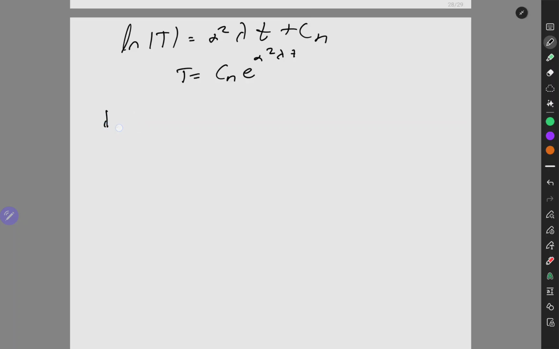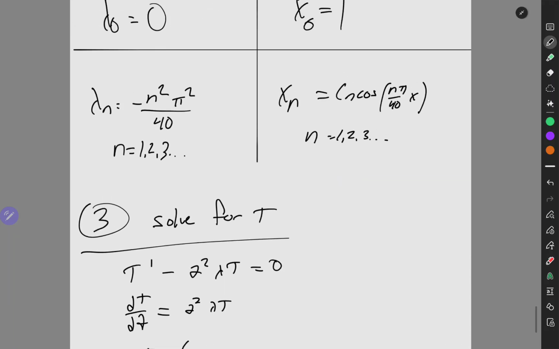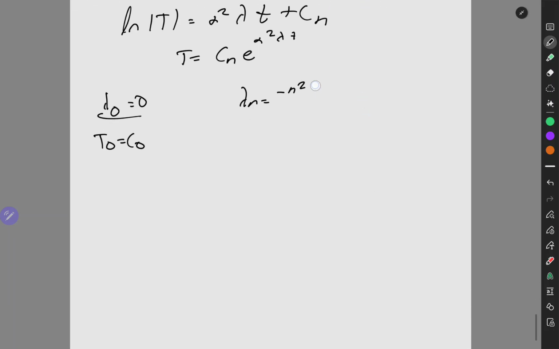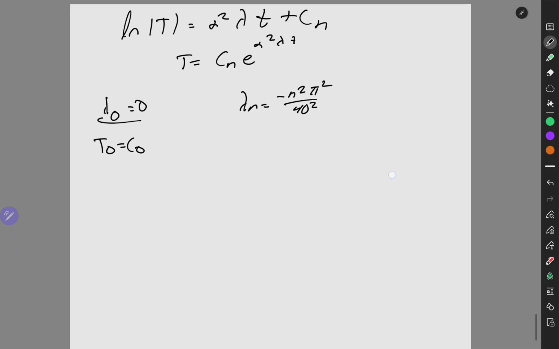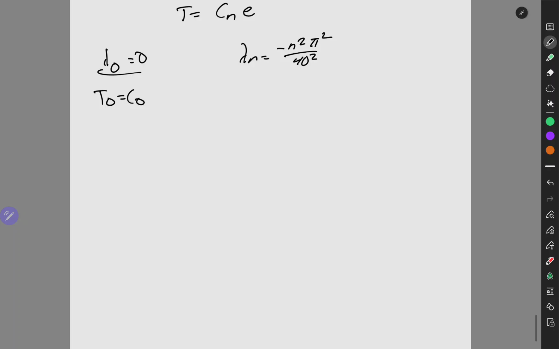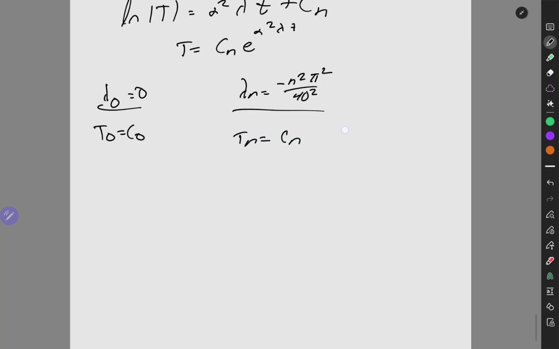So our lambda naught is 0, we have T naught is equal to C naught, right? E to the 0 is 1. When we have this, I think it was negative. Yes. I squared that, right? Oh boy. And then when that's that, just plug this right into here.